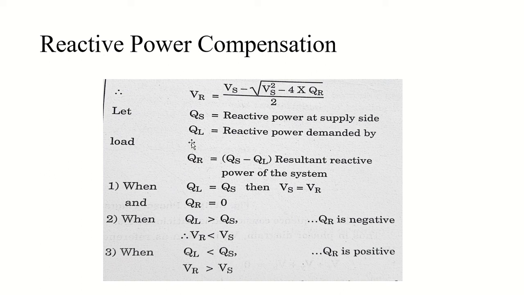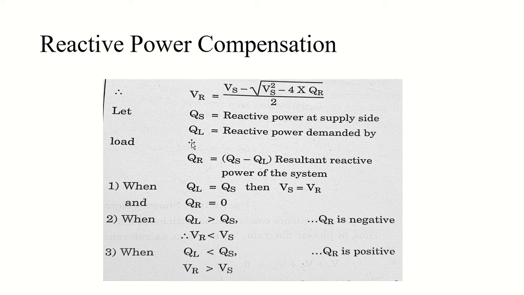So VR will be less than Vs. QS is the supply side, and QL is the load side, which means VR will be less than Vs, and reactive power is flowing from QS to QL, and QR will be negative.